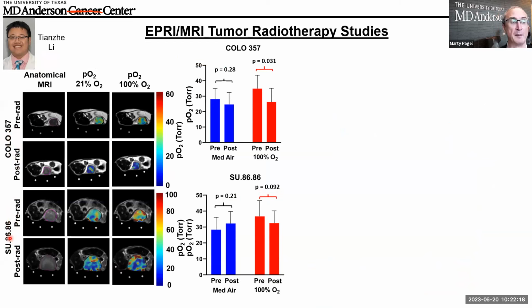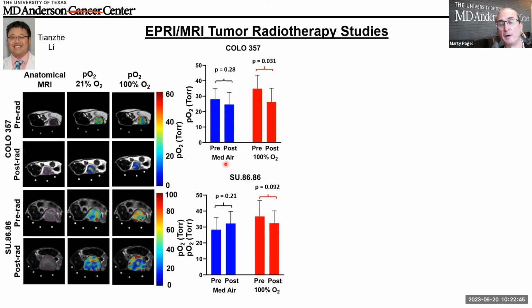So that was a little surprising, but good to validate pre-treatment the type of hypoxia status that you have for your tumors. Then we did the PO2 measurement with regular medical grade air and then changed to 100% O2. And then we irradiated with 10 gray and did the experiment again after the therapy. And here are the results right here.